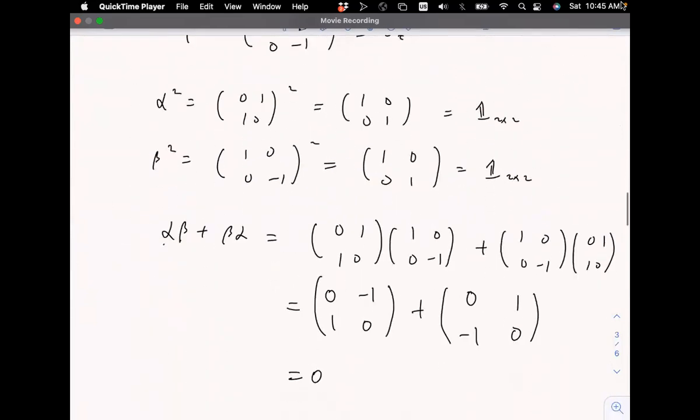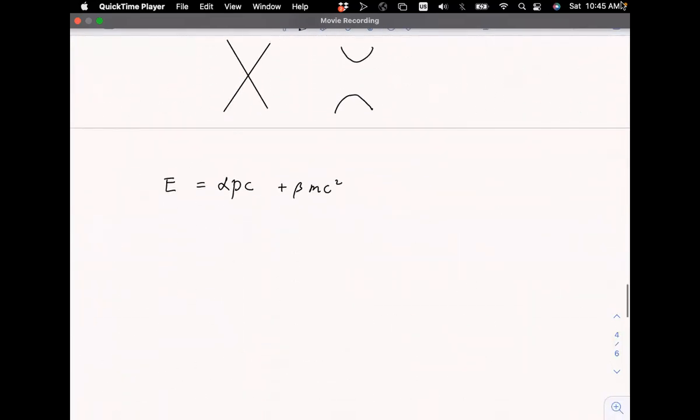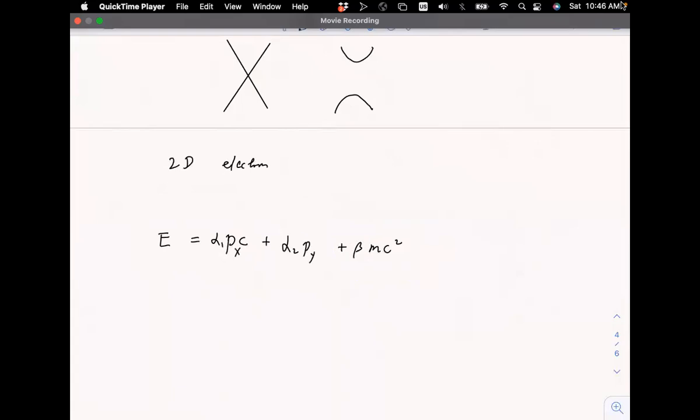So for the 2D electron dispersion, you need to come up with, let's say, alpha 1 and alpha 2, this is px, and py c. So this will be the form that you want.